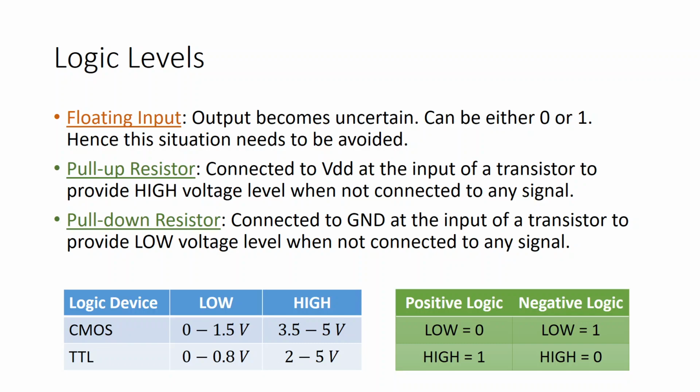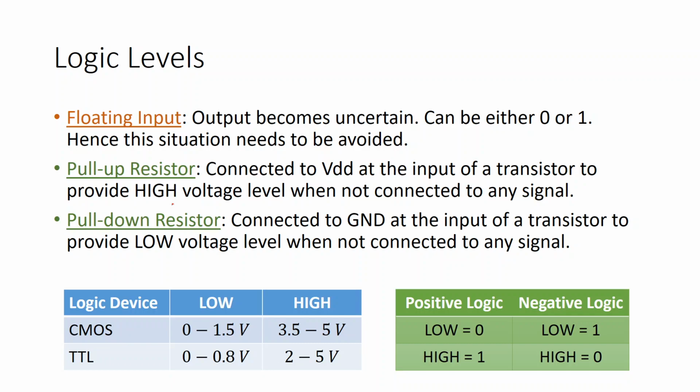To do that, we always keep the input connected to some logic level, either high or low, till the time a logical variable or a signal which is 0 or 1 appears at the input.